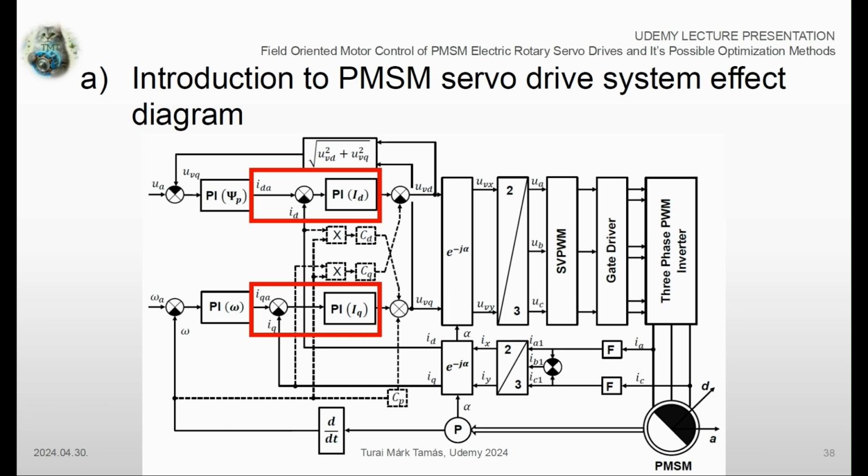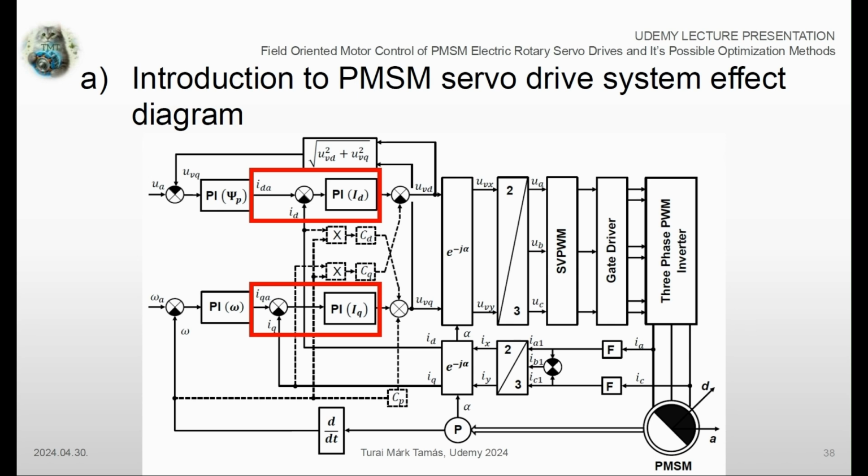The current regulators of the direct and quadrature directions shall output reference direct and quadrature voltage values. As you may know, the effective control signal in case of a motor drive is nothing other than the voltage itself. Hence, our goal is to determine average phase voltages for the PMSM motor in order to achieve the requested torque, speed, or even position values.